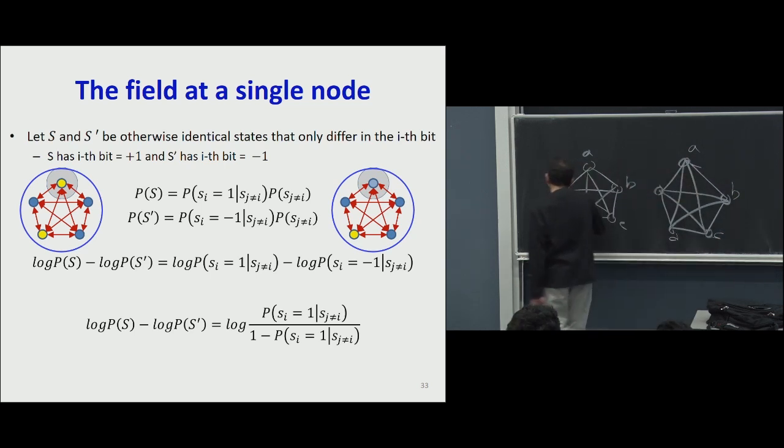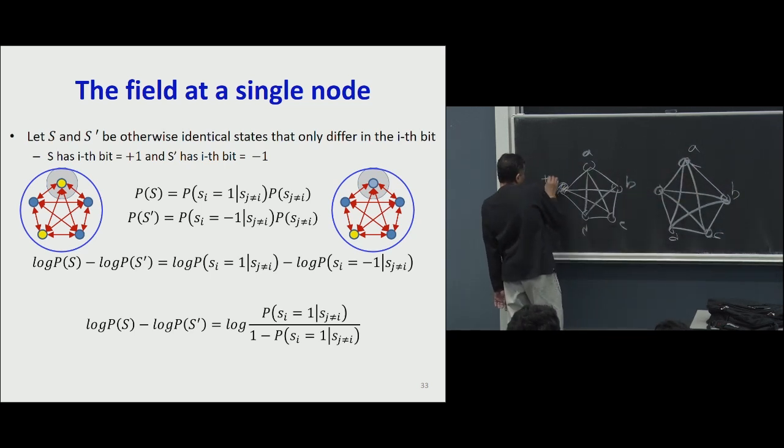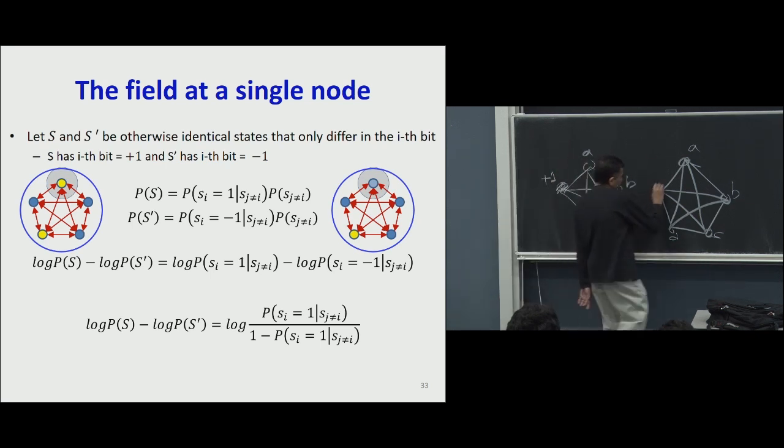But in one case, this node has value +1, and in the other case, the same sequence has this node with value -1.